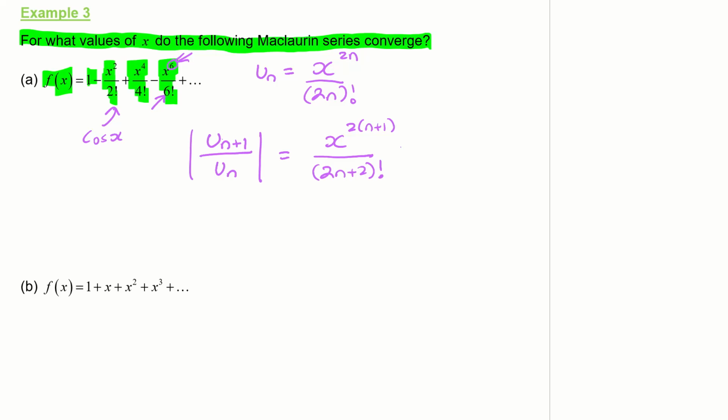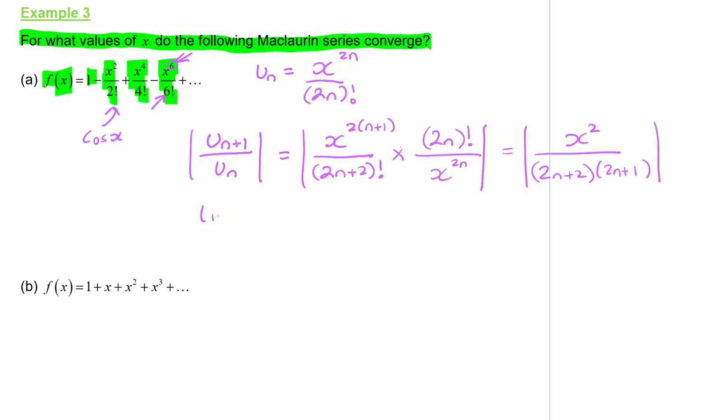So we're going to flip the second fraction, u n, upside down. So we get that. And then we'll multiply instead of dividing. And if we simplify that, we'll get x squared over 2n plus 2, 2n plus 1.